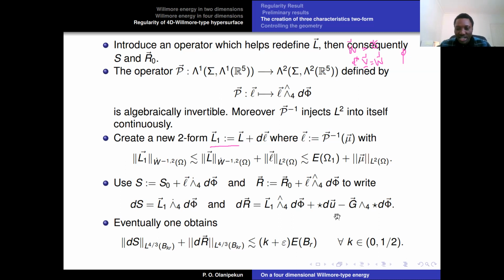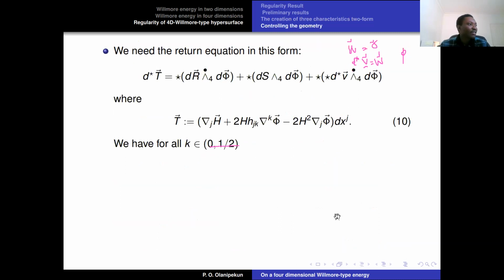And now we can bootstrap. But before we do that, we need a return equation. Once we have regularity information on S and R, not S naught and R naught, we need a return equation that allows us to go from these quantities S and R, which we introduced, back to geometry.